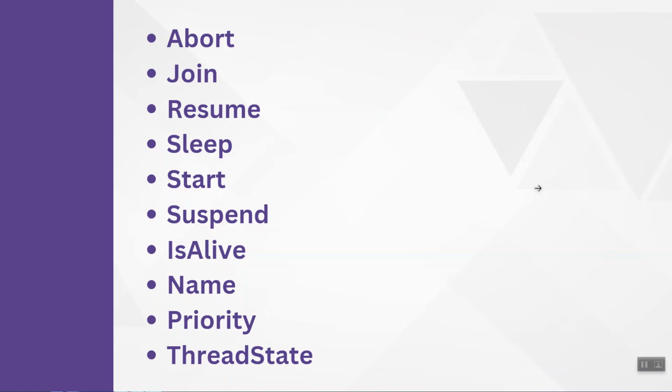Gets a value that indicates the execution status of the current thread. Then we have Name. It sets or gets the name of the thread. Then Priority. Sets or gets a value that indicates the scheduling priority of a thread. Then ThreadState. It gets a value that contains the state of the current thread.